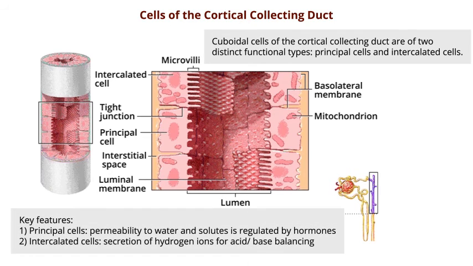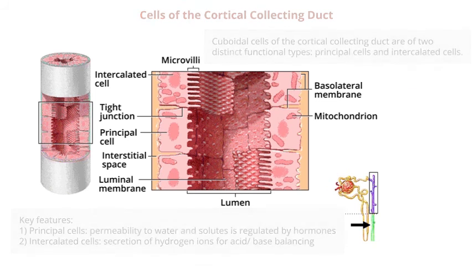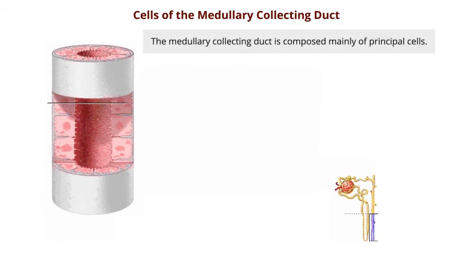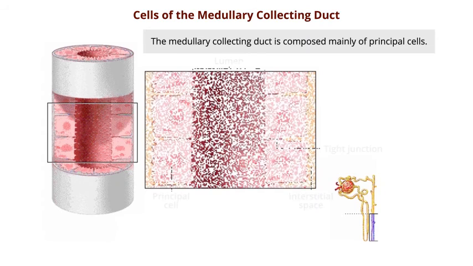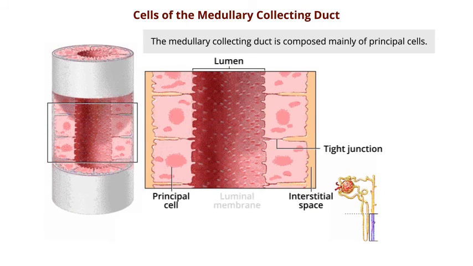The key feature of principal cells is that their permeability to water and solutes is physiologically regulated by hormones. The key feature of intercalated cells is their secretion of hydrogen ions for acid-base balancing. Now, let's take a look at the medullary collecting duct on the small nephron. Principal cells of the medullary collecting duct are mostly cuboidal in shape.